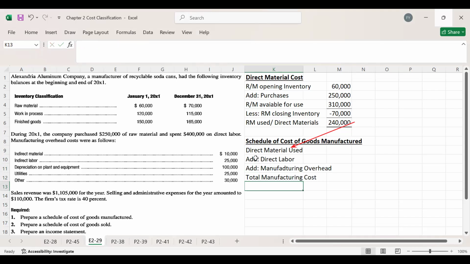Total manufacturing cost is also called product cost, total product cost, or total factory cost.